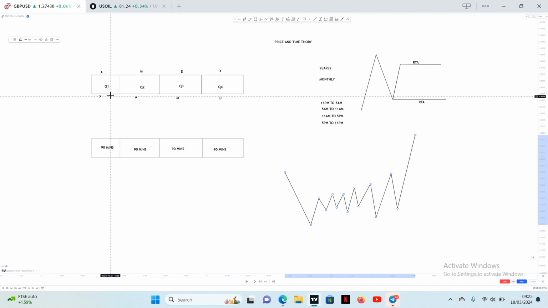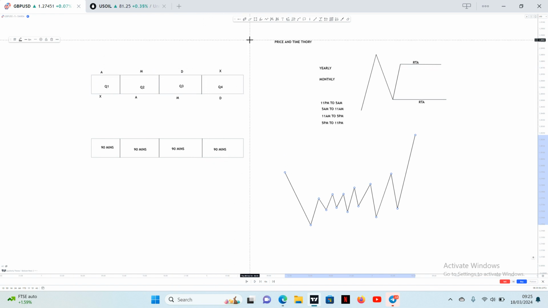So quarter one can either be an accumulation quarter or a continuation or reversal quarter of what happened in the previous quarters. Now, if quarter one is accumulating, quarter two is supposed to manipulate. Quarter three will distribute, and quarter four will either continue or reverse.